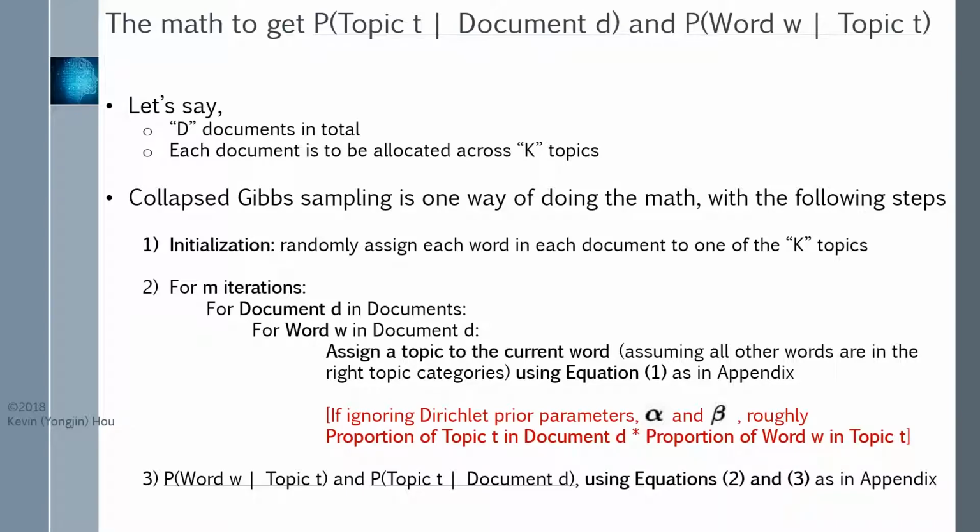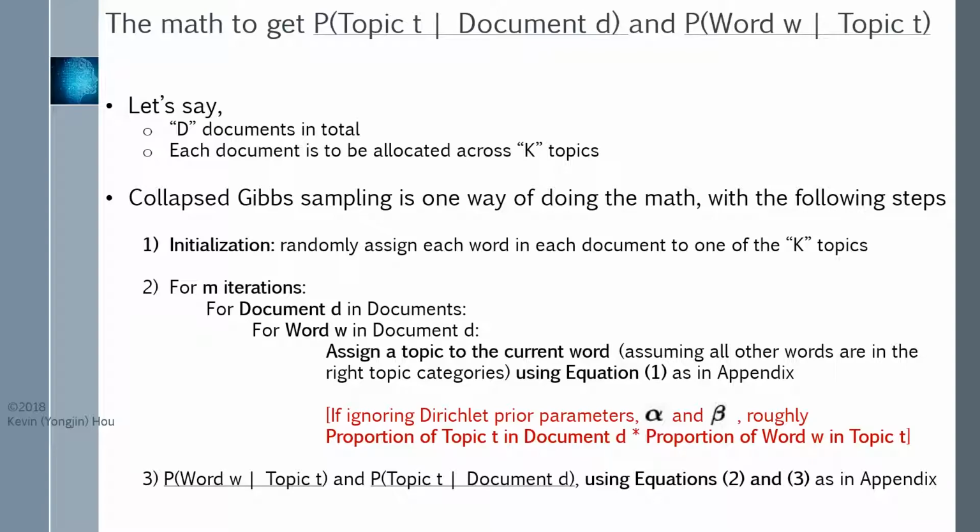Now, the following step will do iterations. The purpose of the iterations is that we go over the words one by one, again and many times, until we get stable results. In this process, we revisit the topic category assignment for each word in each document many times.